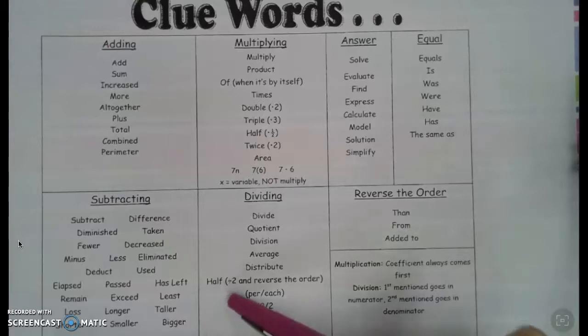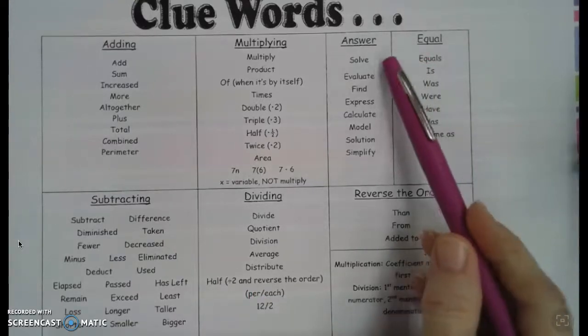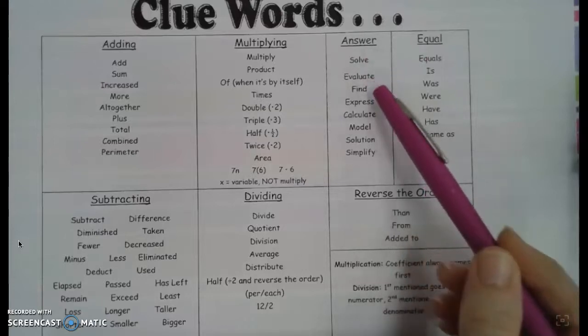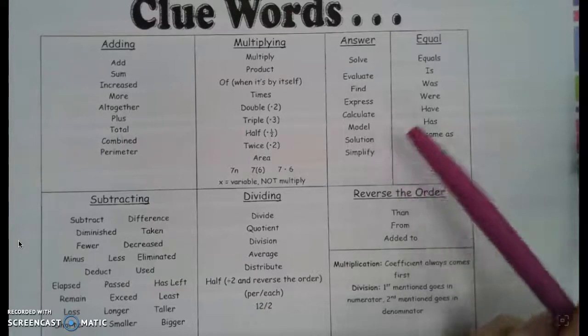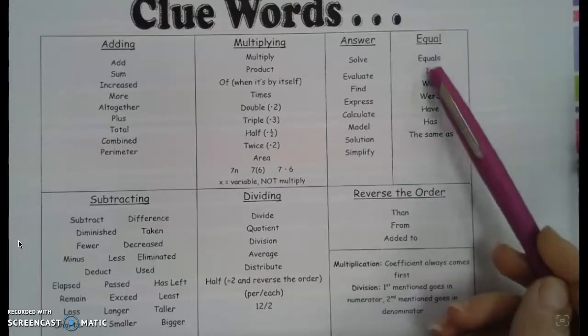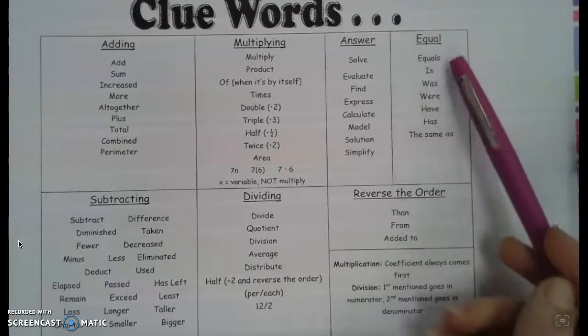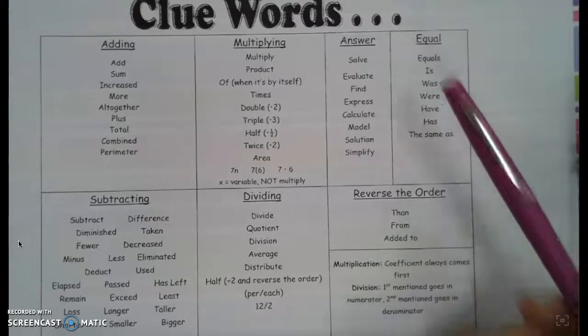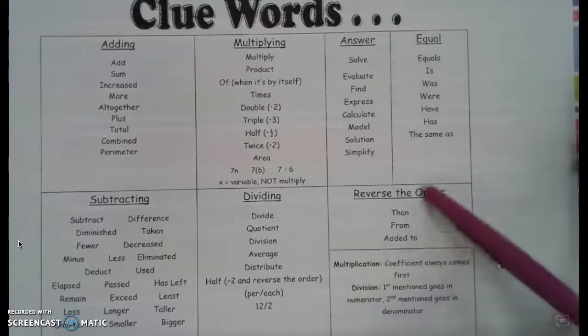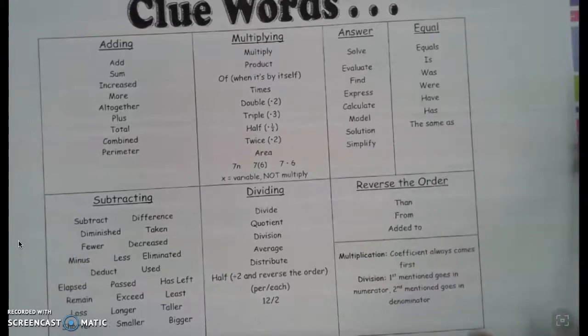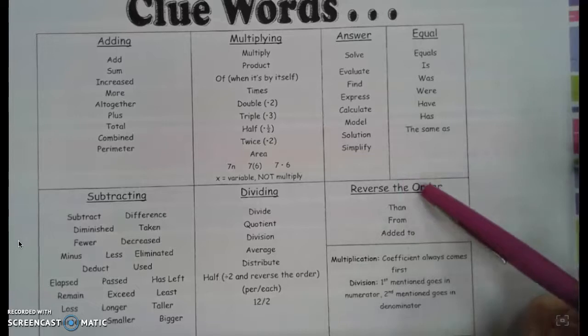If you have something dividing, it's dividing by 2. To get an answer, you're going to solve, evaluate, find, express, calculate, model, solution, simplify. Your equal signs: if you see equal, that's going to tell you it is equal. Now here's where it's going to be most confusing, when we have to reverse the order.